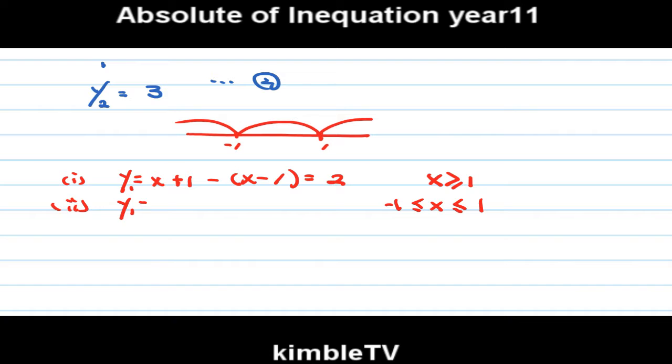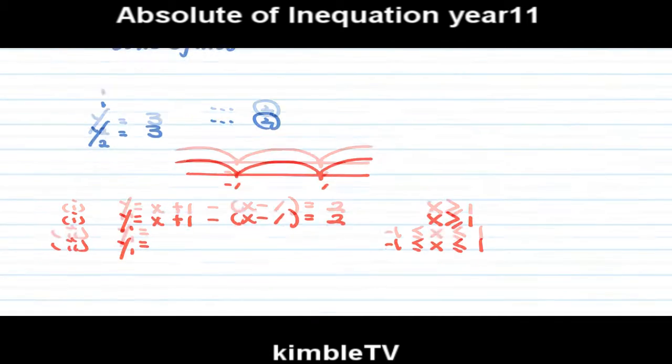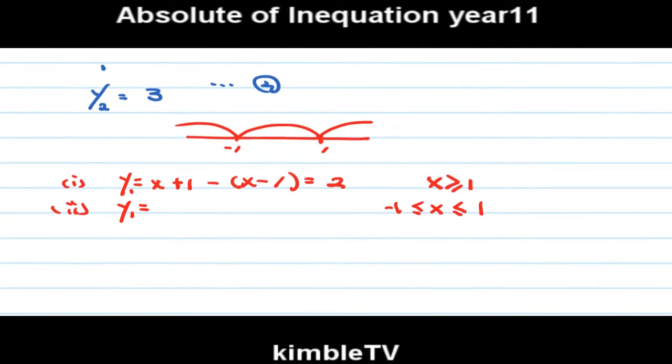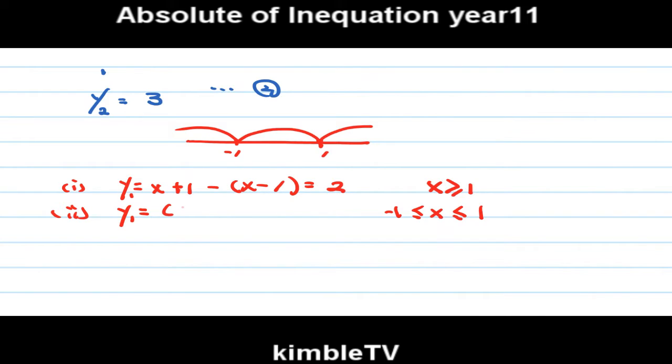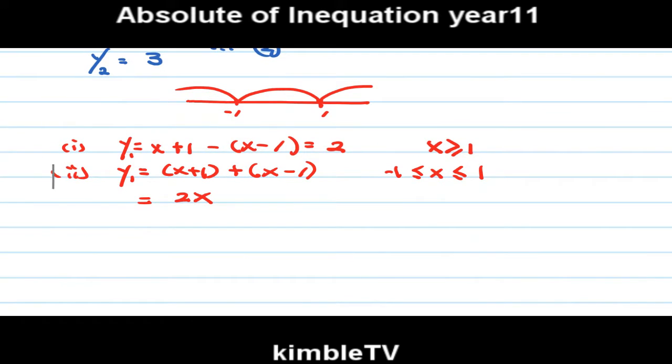Therefore, y1 equals x plus 1, and minus should be changed into positive, and x minus 1. And therefore, this will be 2x, just 2x.